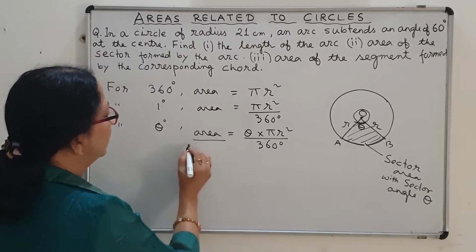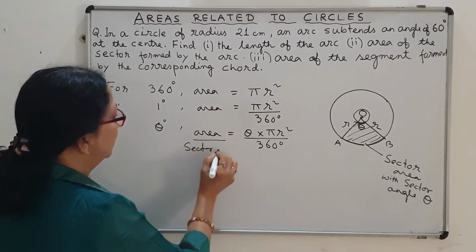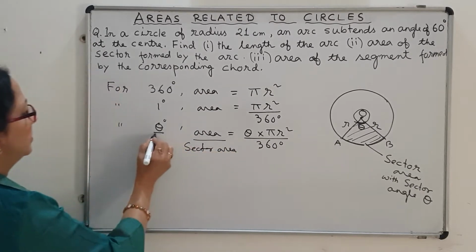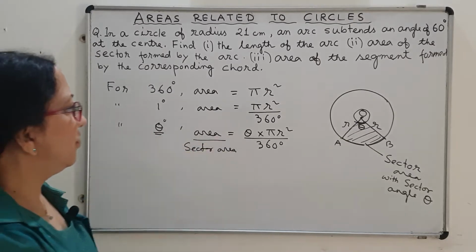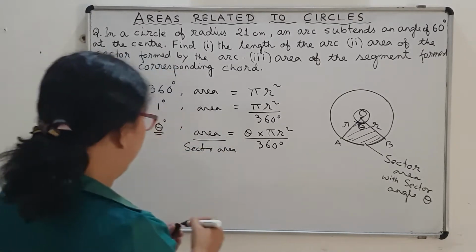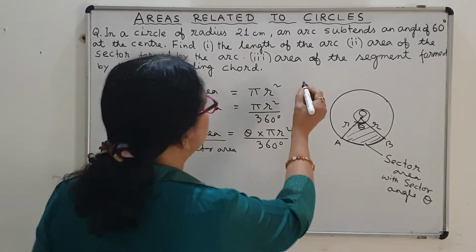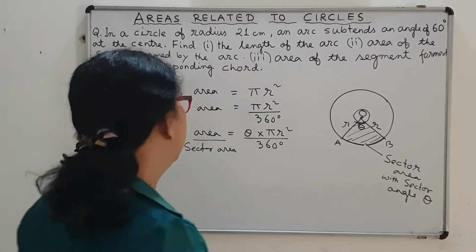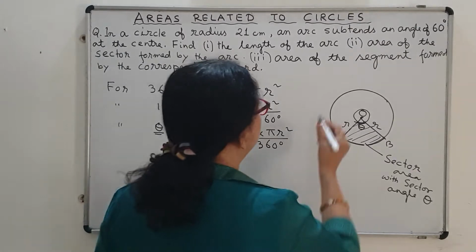So this area is nothing but the sector area with this sector angle. So the formula is derived, and we can write down the formula for sector area.